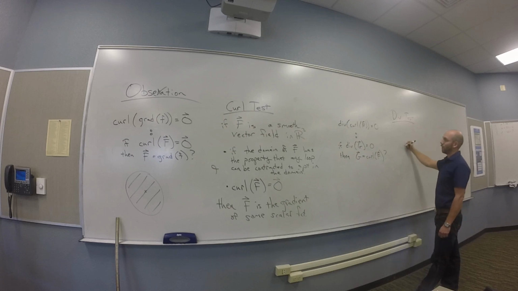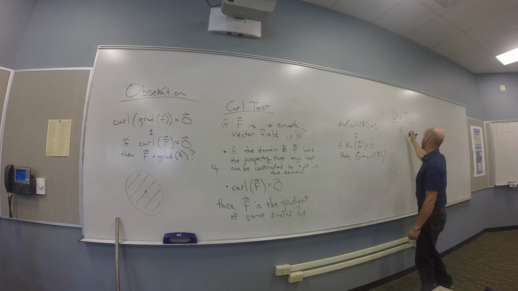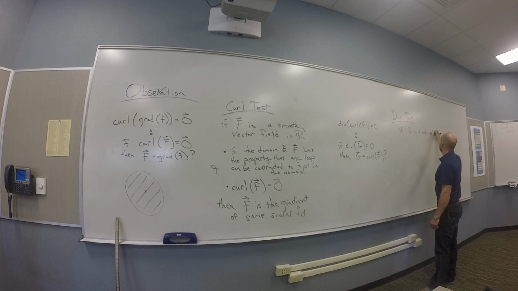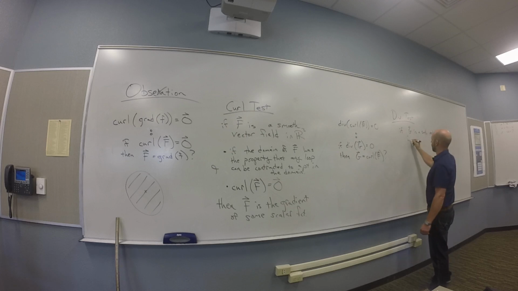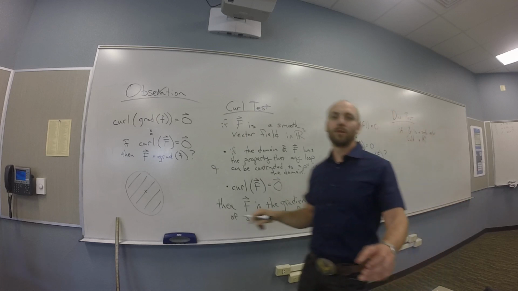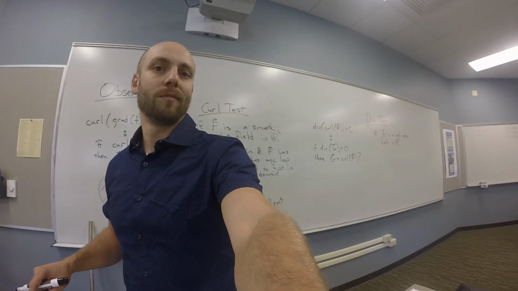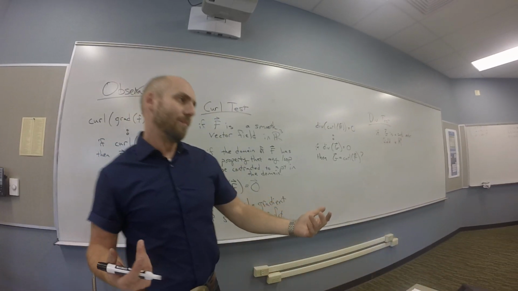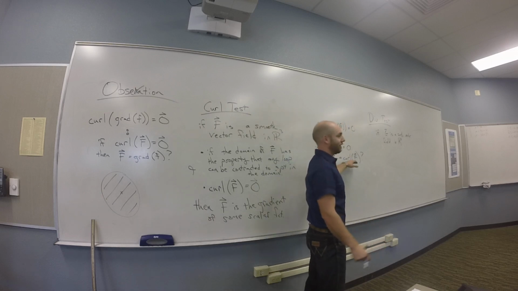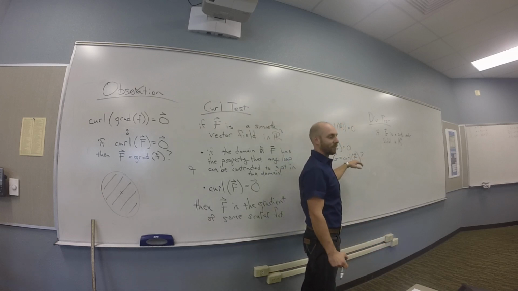So, we need if G is a smooth vector field in R3, what do I need to play that game? Why do I need it to be smooth? Okay, so basically the same as the other thing. I need to be able to take a curl of it, right? So I need it to be at least a little smooth.